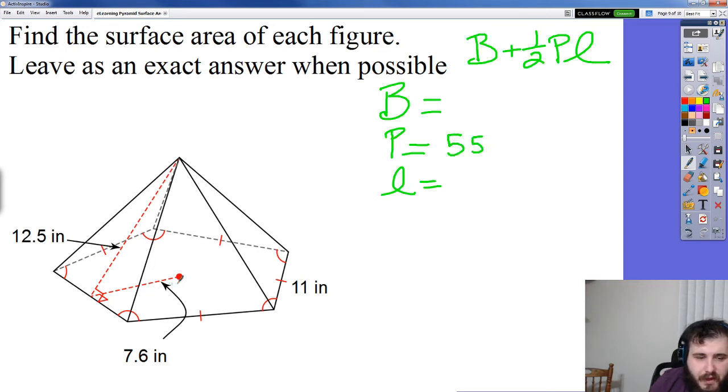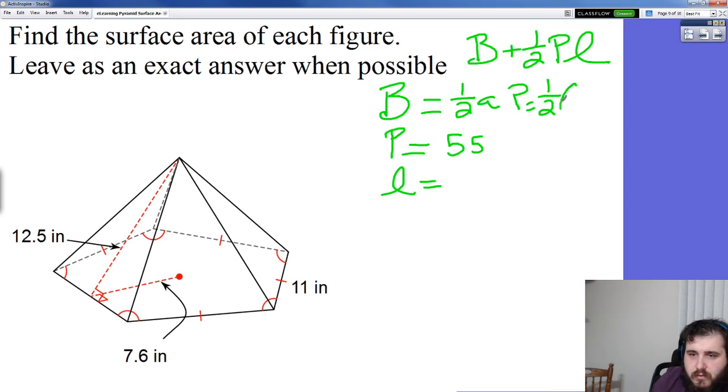Area of the base is 1/2 times the perimeter times the apothem, which is 1/2 times 7.6 times 55.